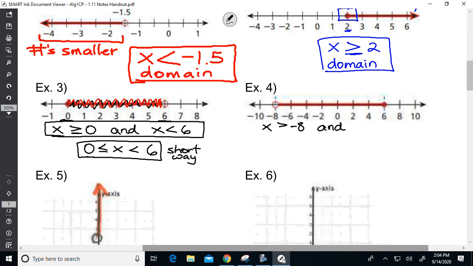If I go to the left, is that less than or greater than? So x less than or equal to 6. Now we can put equal to because the circle was closed.